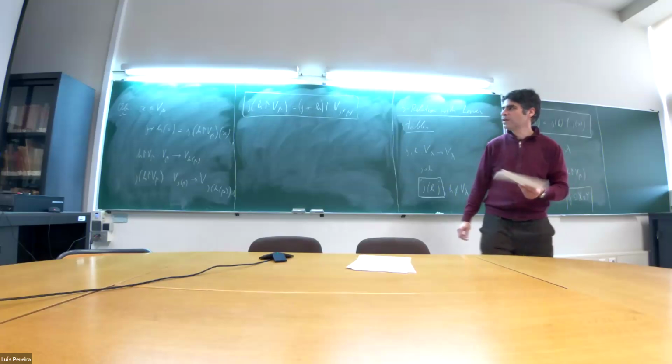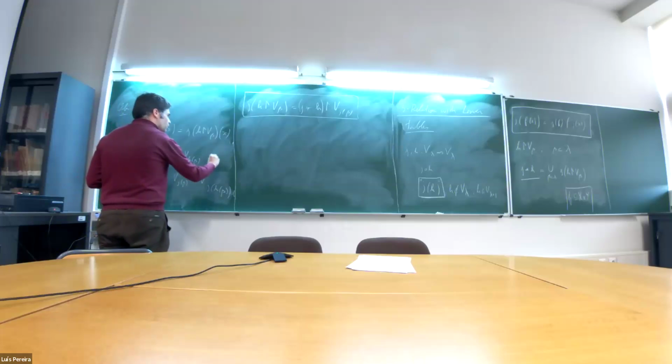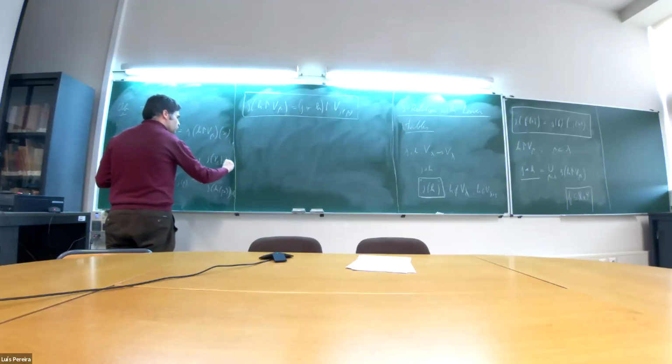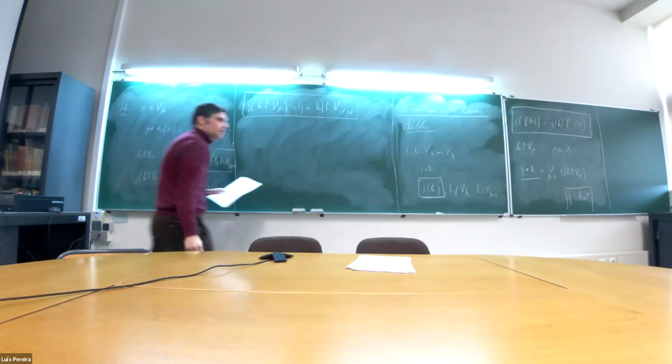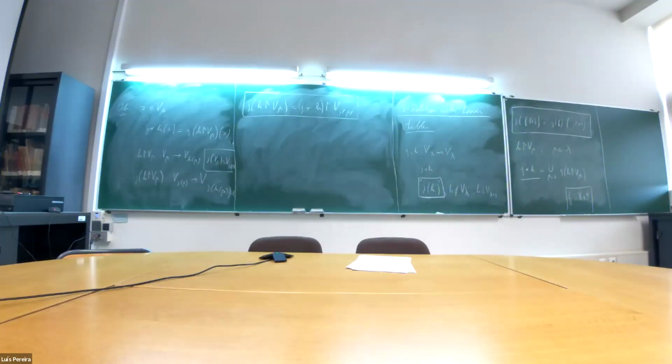So I should write J of V beta is V of J of beta. Probably I should have also written that, if it makes it easier. Because it's an elementary embedding, so it knows what the levels of the hierarchy are.